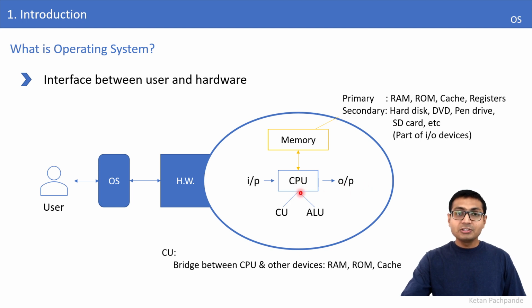The CPU internally has two parts, two modules or two units I can say. One is the control unit and the other is the arithmetic and logical unit. What is the difference between these two units within the CPU hardware? The control unit acts as a bridge between the CPU and other devices such as memories.